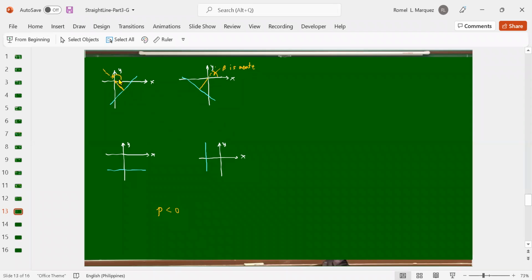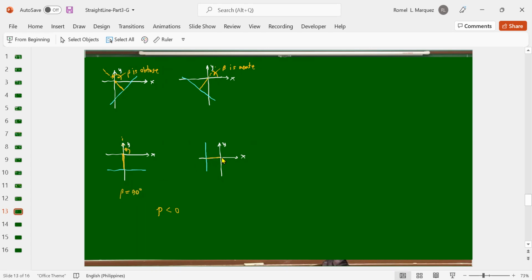Here, this is the beta. Beta here is obtuse. Beta here, you have to extend. This is our P. So this is beta. Beta is 90 degrees.